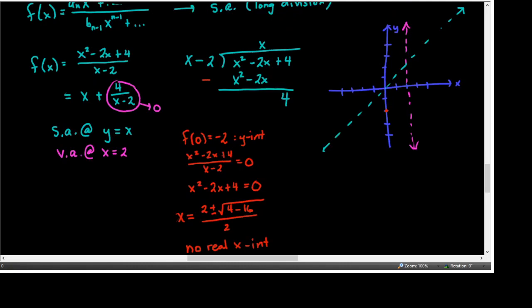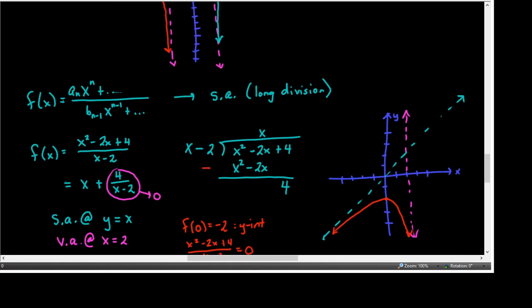And if we did all of the analysis and the increasing, decreasing, and concavity, you'd end up getting this. And we're not doing that on this problem. I'm just showing you the slant asymptote and what that could look like. And then on the other side, it looks something like this.